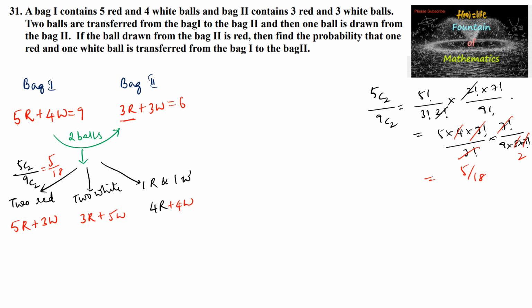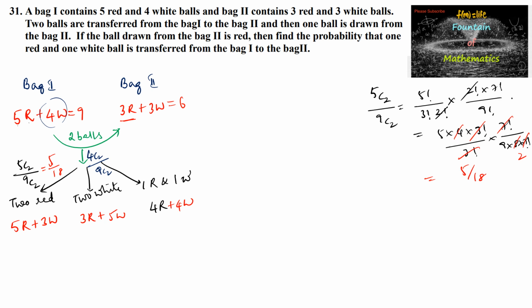And now when 2 white balls are transferred, we have the probability 4C2 divided by 9C2. So from 4 balls, 2 white balls are selected, out of a total of 9 balls, 2 are selected.